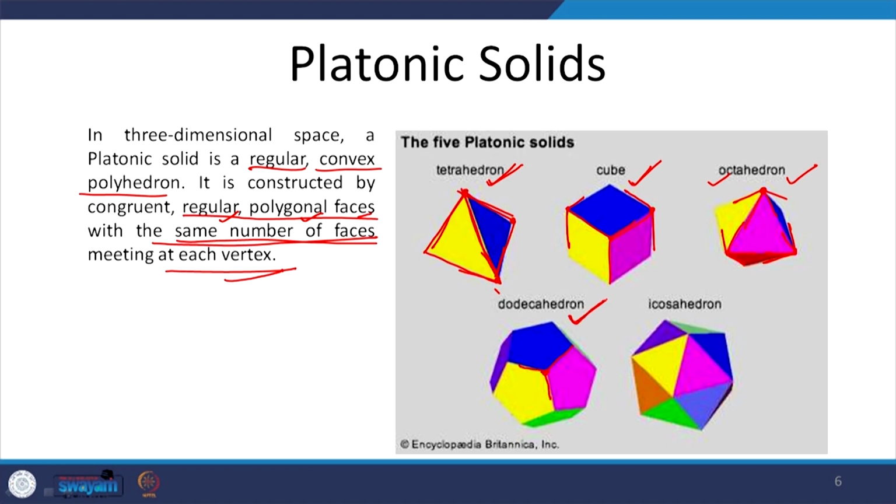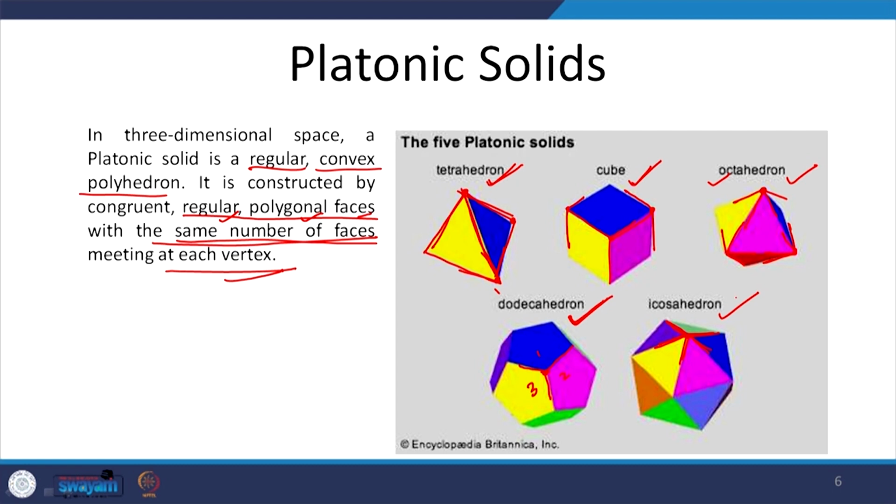So, in a dodecahedron we have regular pentagons and each vertex has 3 pentagons coming together, which is what is called a dodecahedron. And the last one is an icosahedron. For an icosahedron we have 5 equilateral triangular surfaces meeting at each vertex and there are a total of 20 faces.